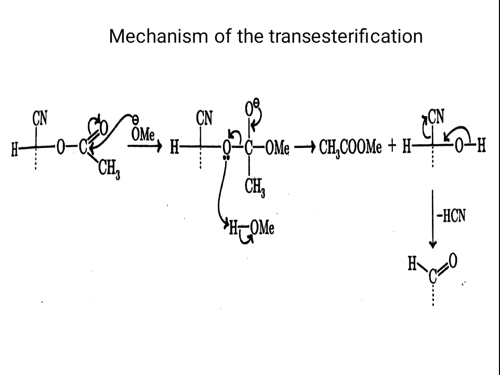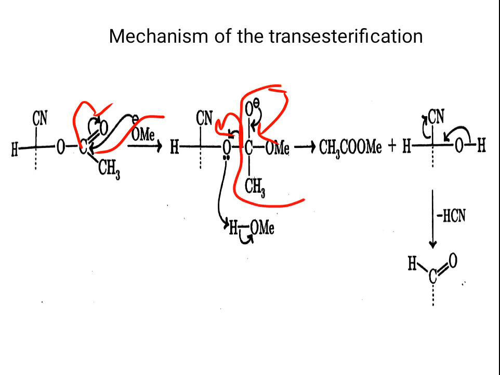Now this is the mechanism of the Wohl degradation. In case of this Wohl degradation, one process involves the transesterification. Just watch it carefully. The OMe group is attacking here. This bond is being opened. Then this O minus is coming back. Then this bond is being broken.